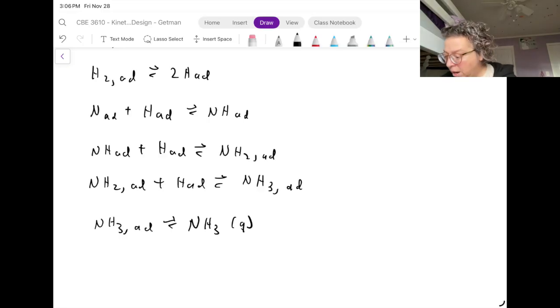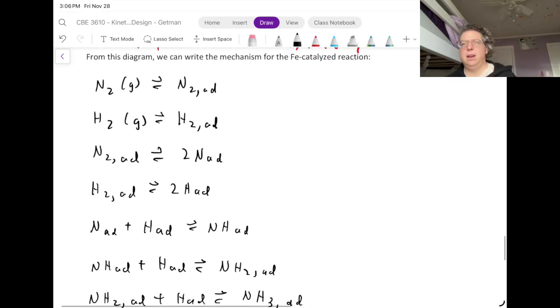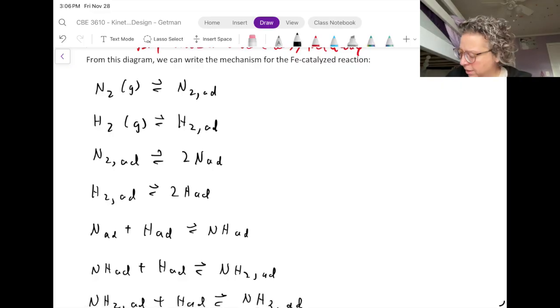Of course, some of these reactions are going to happen more than once to create a cycle. This reaction is going to happen 3 times for every 1 time that this reaction happens. That's fine. I'm just going to write them as single processes. If we were writing the rates of these species, we would know, for example, that this process is happening 3 times faster than this one under steady state.